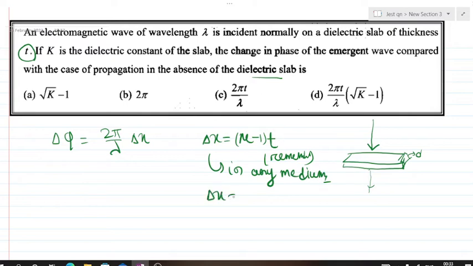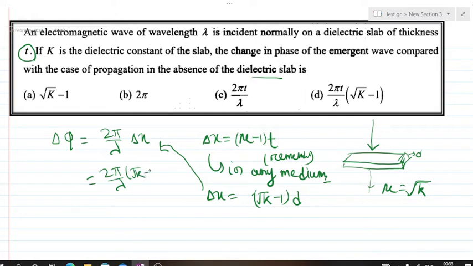So here delta x, as you know, mu is equal to root K. So delta x will be root K minus 1 times the thickness D. Put it in here. The phase difference will be 2 pi by lambda into root K minus 1 whole into D. This is the answer.